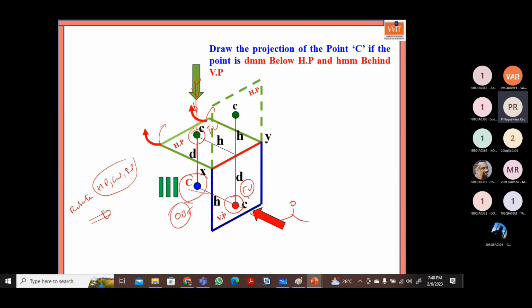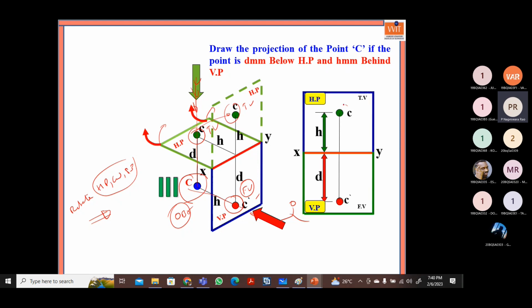So now the front view is here, but the top view will come here. Now when you observe, this is the top view image and this is the front view image. I can see that when the object is in the third quadrant, if this is the XY line, above the XY line we need to draw which image? The top view. This is a very important thing. And below the XY line we need to draw the front view image.